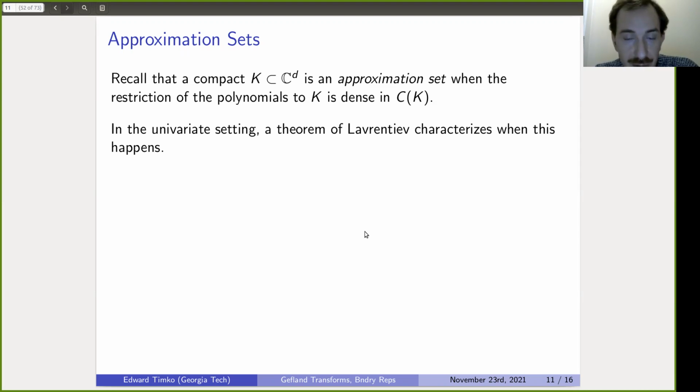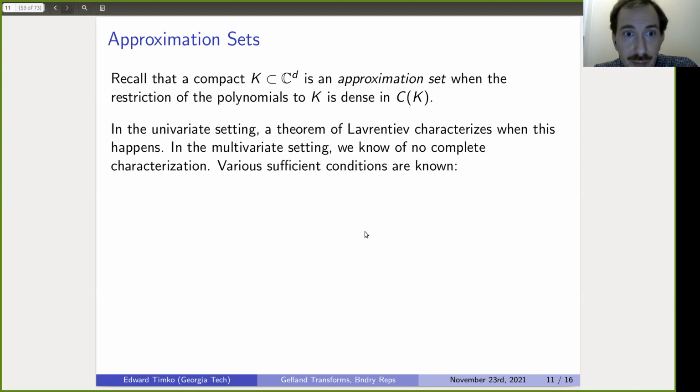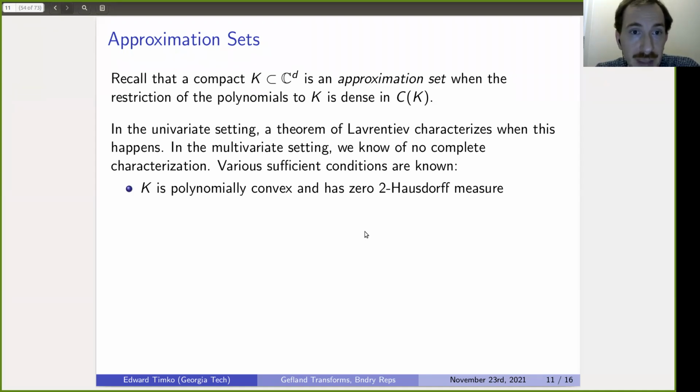But in the multivariate setting, we don't even know of any complete characterization of approximation sets. But various sufficient conditions are known. One is that K be polynomially convex and have so-called zero two-dimensional Hausdorff measure. In some sense, there's no area.